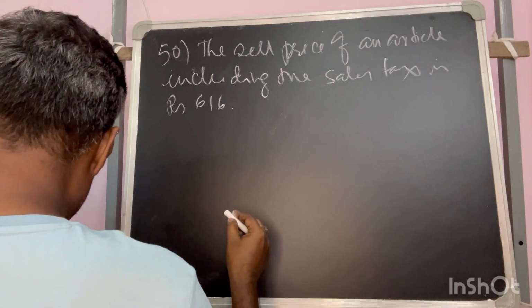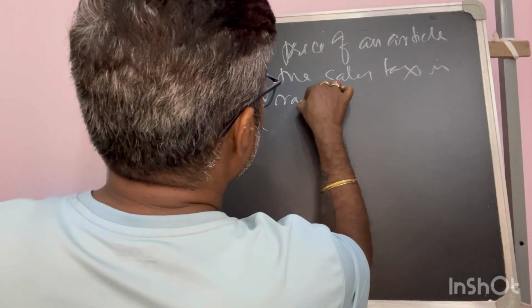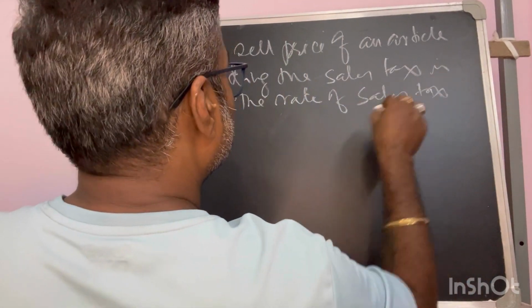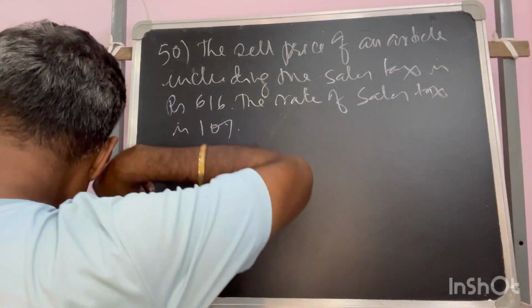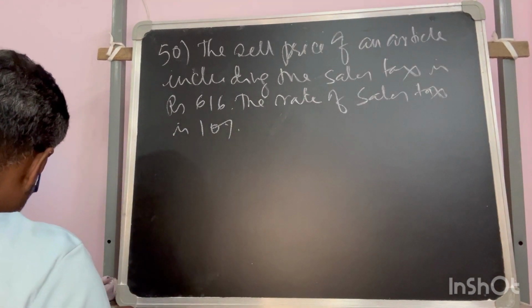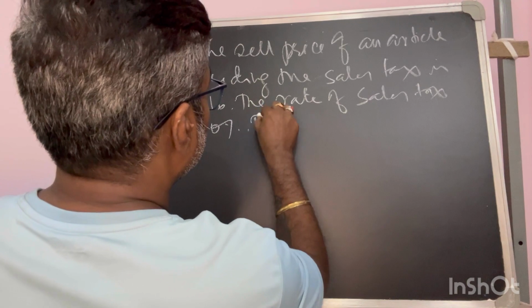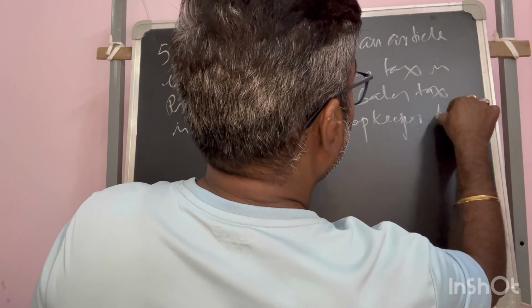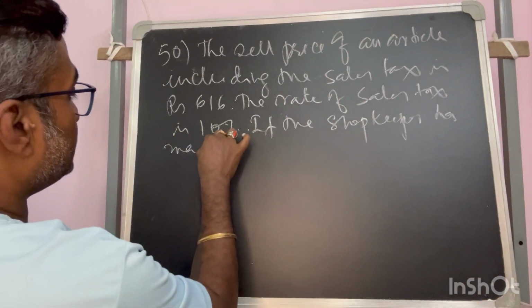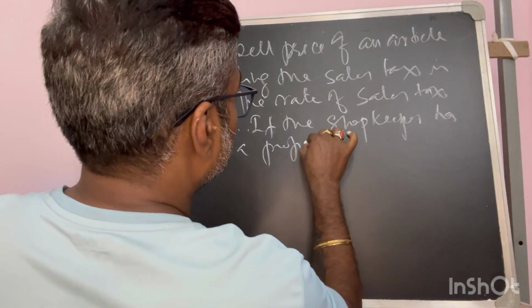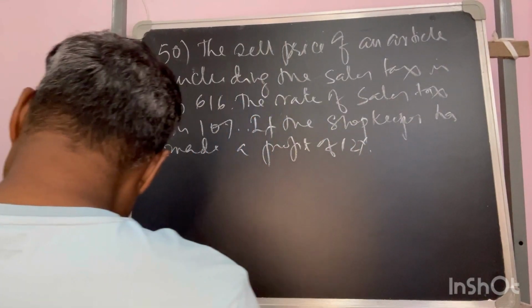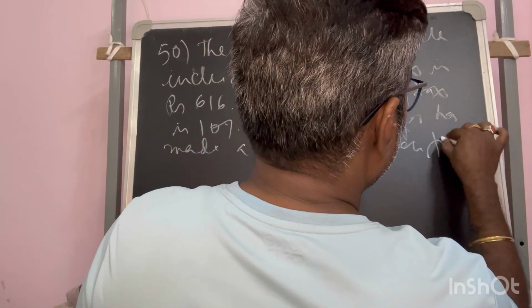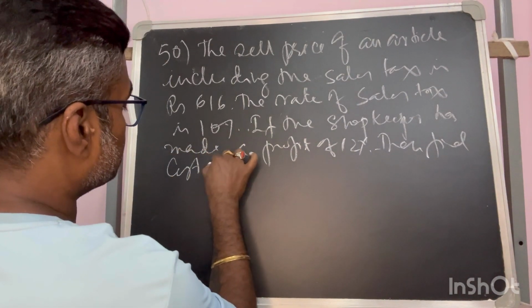The rate of sales tax is 10%. If the shopkeeper has made a profit of 12%, then find the cost price.